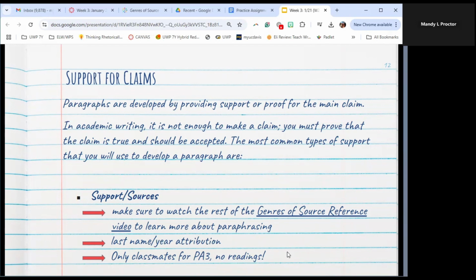Because in this class, we're going to talk about using APA. So we want to move away from MLA that oftentimes asks us to use full names and titles of the publication piece. For APA, when we do in-text citation, we just use the last name and the year.